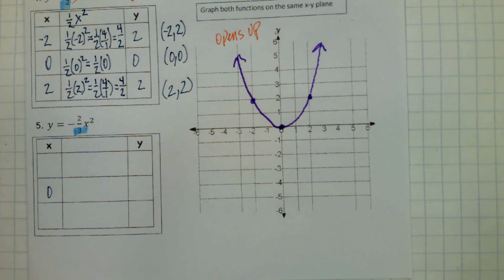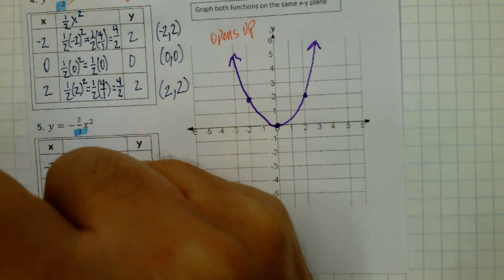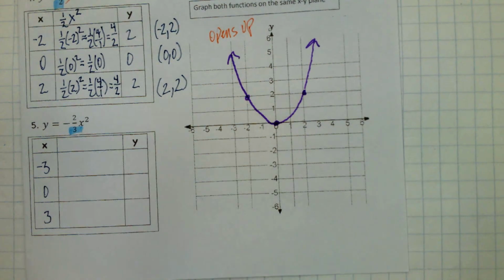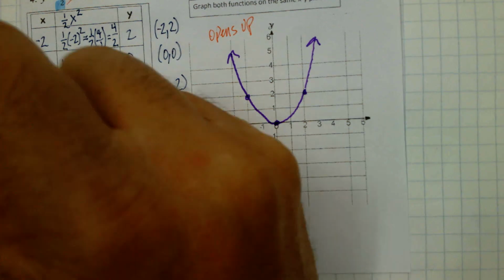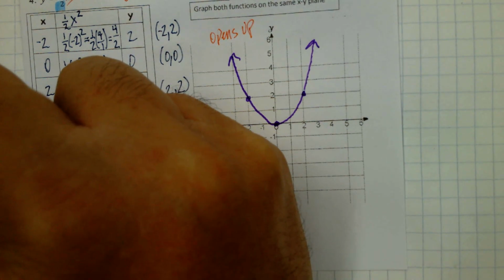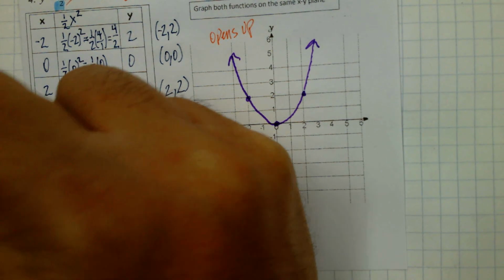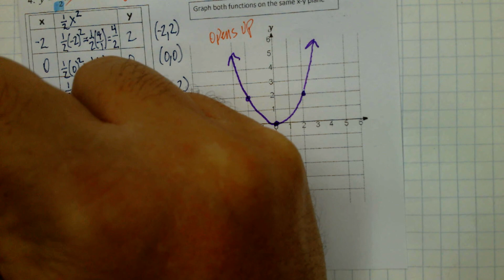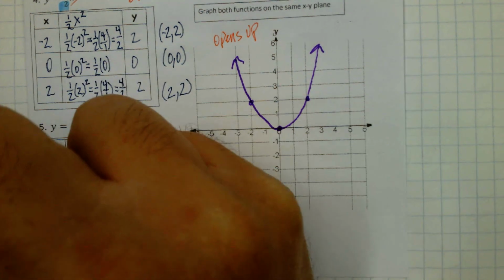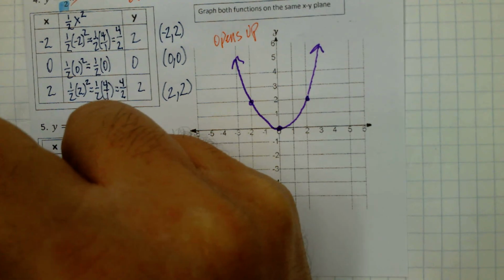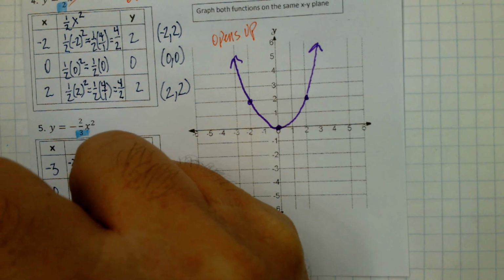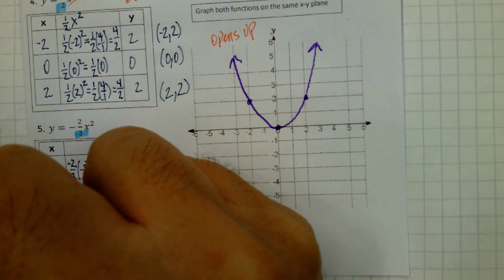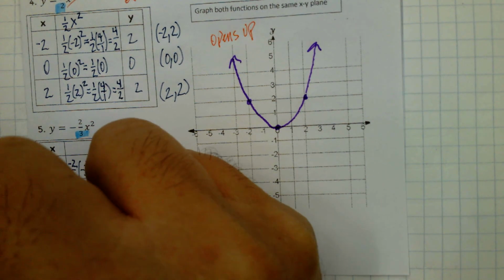What other number should I have? -3 and 3. Okay, that'll make our math easier, believe it or not. Okay, so let's do this. You want negative 2/3 times negative 3 squared, negative 2/3 times 0 squared, negative 2/3 times 3 squared.